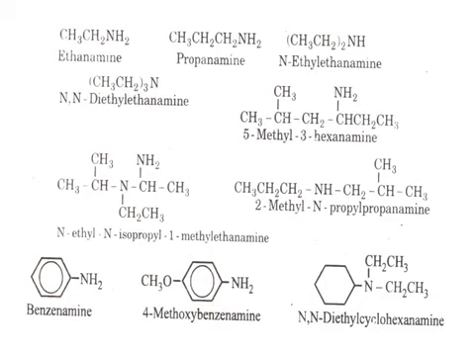Now we shall move towards example number 6. In this case, again, the numbering will start from the right hand side, because the amino group will obtain position 2, and there are two nitrogen atoms in this chain.